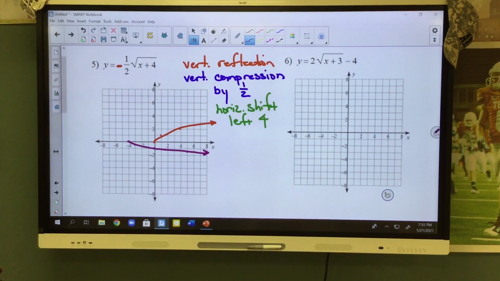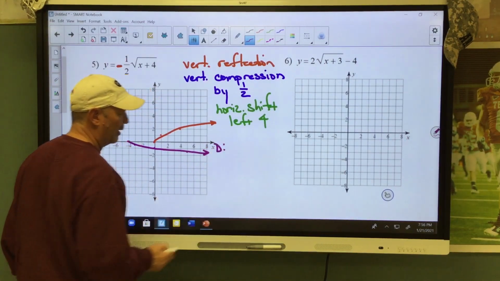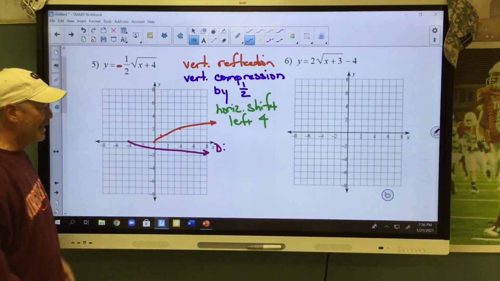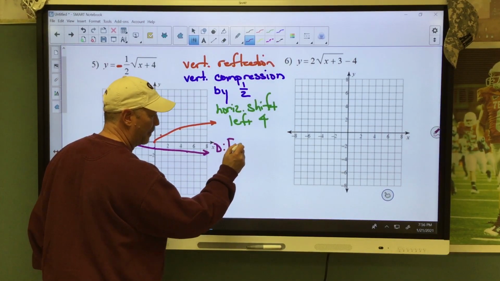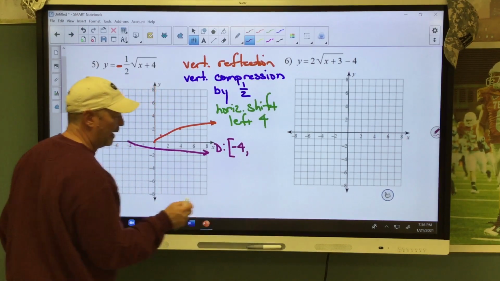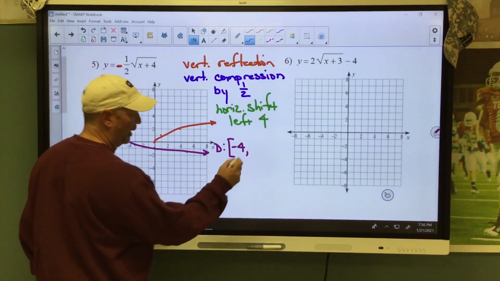If we were going to talk about the domain of that purple graph, I am starting at -4, hard bracket, and I'm going to go to the right, to positive infinity.